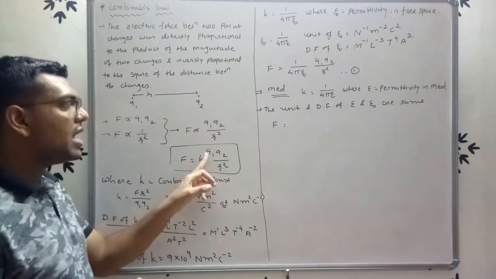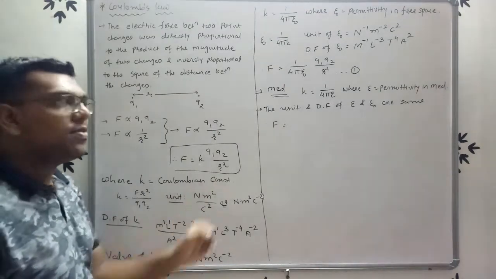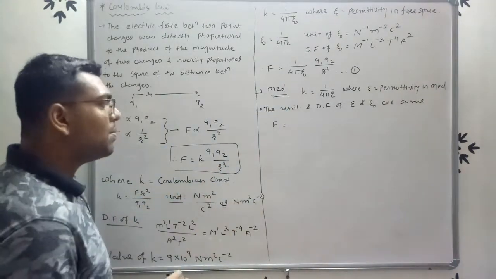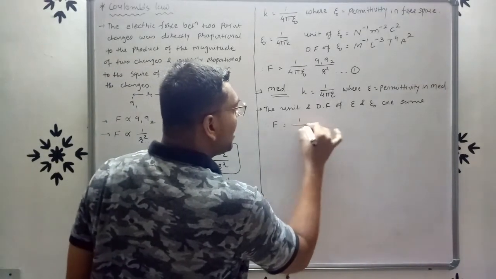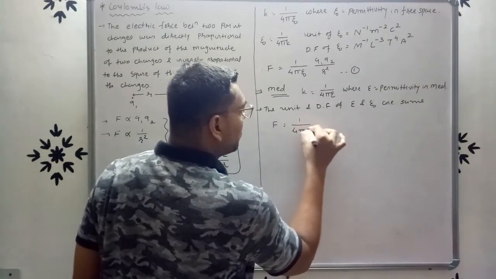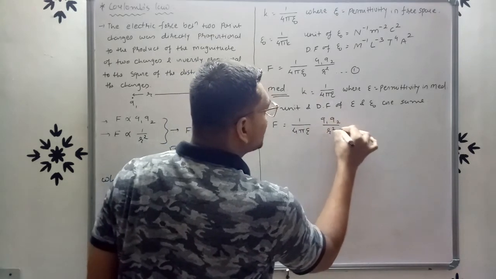F is equal to K Q1 Q2 upon R square. But if there is a medium, then we have to take K equal to 1 by 4 pi epsilon. So F is equal to K, the value of K is 1 by 4 pi epsilon, Q1 Q2 upon R square.